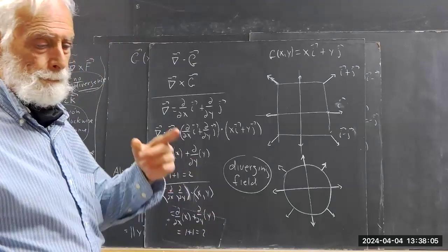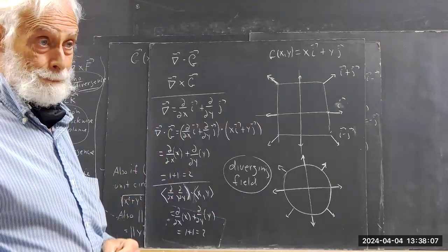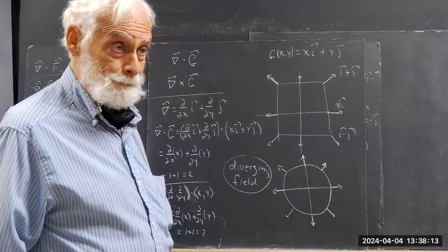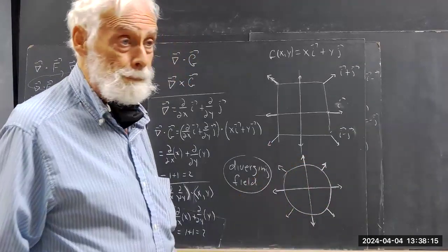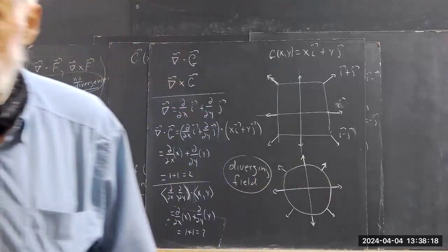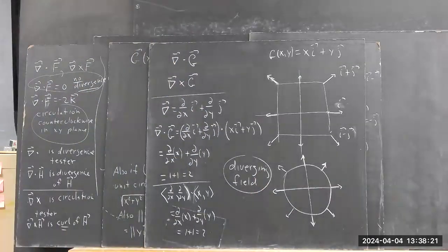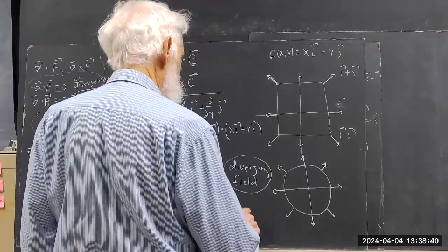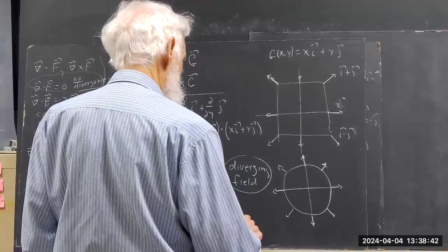If we did a path integral of this vector field around this circle, what would the result be? Well, think of a typical increment. What's the direction of your tangent line? What's the direction of your vector field? Okay, so what I want to do is talk about what this would be for this field.